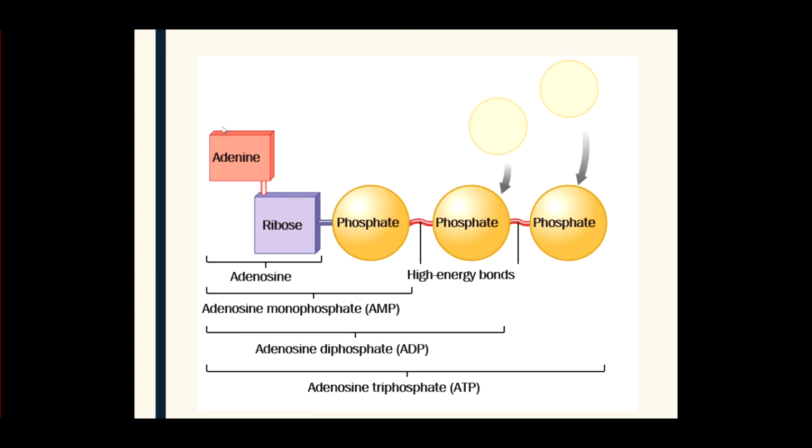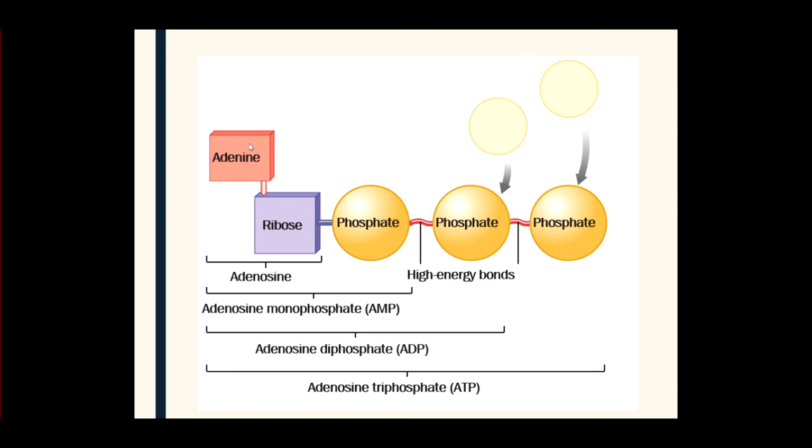So this here, red, blue, and the 3 yellow structures, make up one ATP molecule. Notice we have ribose, that's the 5-carbon sugar, adenine, the nitrogenous base, and then here's a phosphate. If I were to put a circle around just the red, the blue, and the first yellow, this would be a nucleotide.